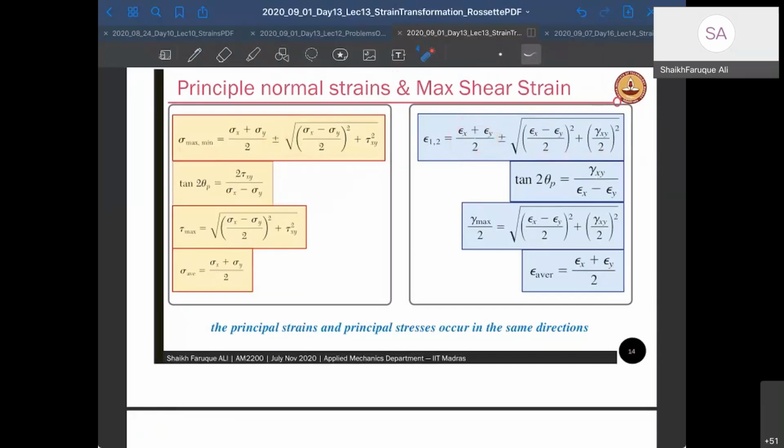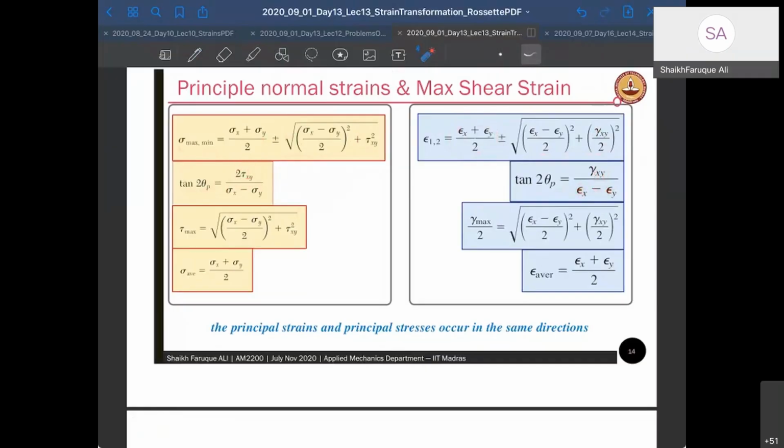The only replacement is that instead of tau xy, you write gamma xy by 2. That's the only change. The angle of the plane is tan 2 theta equals 2 tau xy by sigma x minus sigma y. In strain, that is going to be gamma xy by epsilon x minus epsilon y. So 2 tau xy becomes gamma xy because there is a factor of 2, if you see.